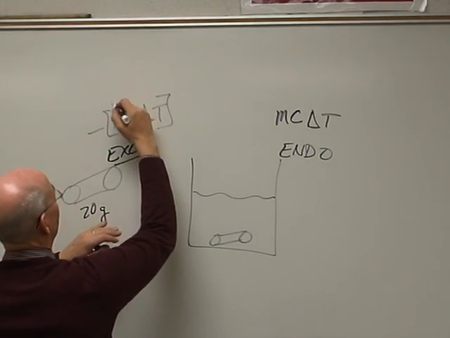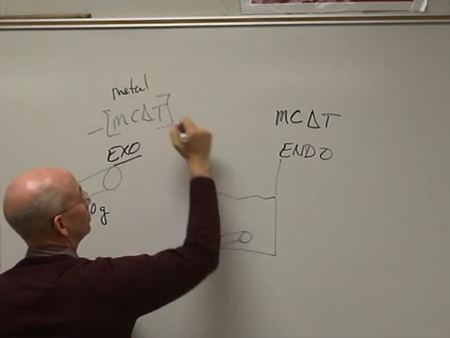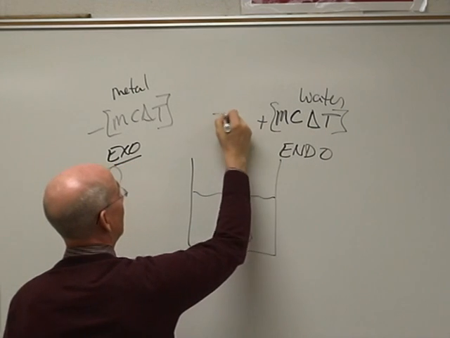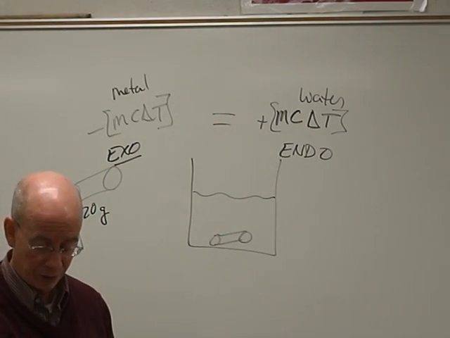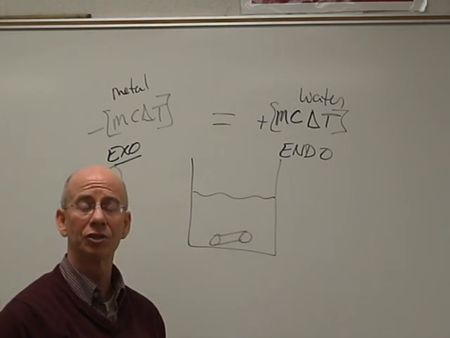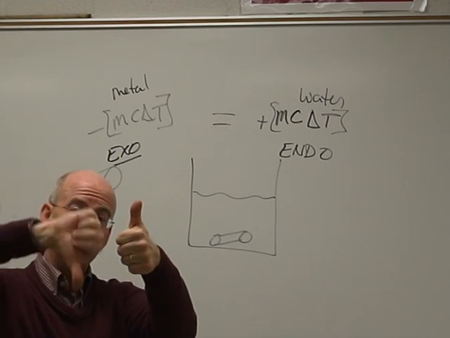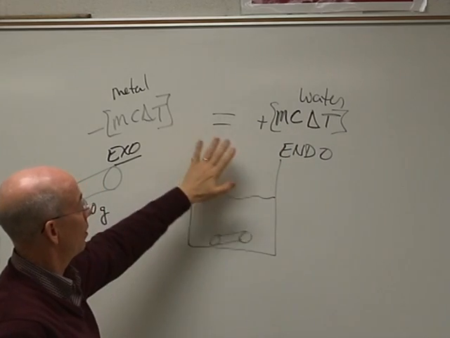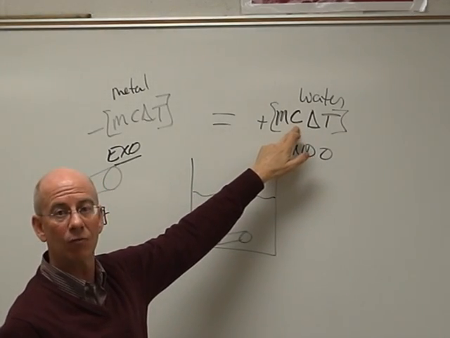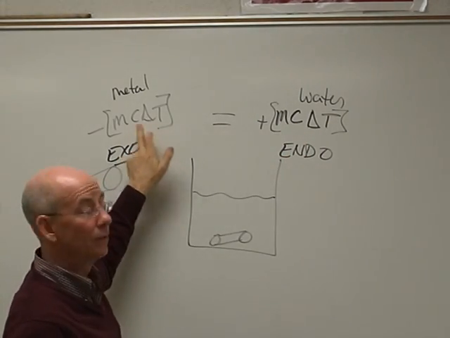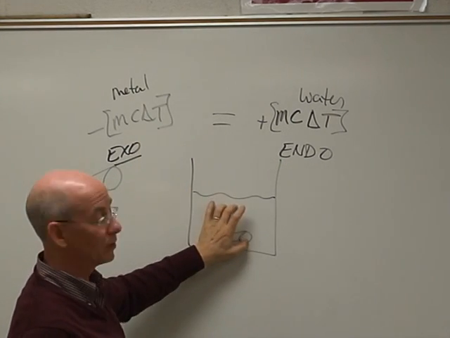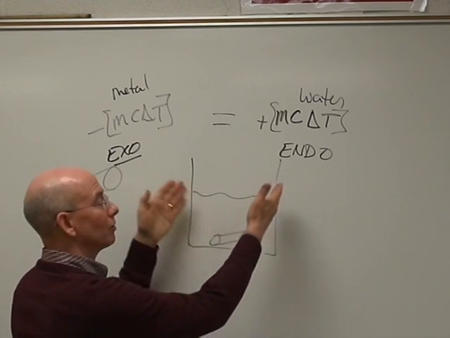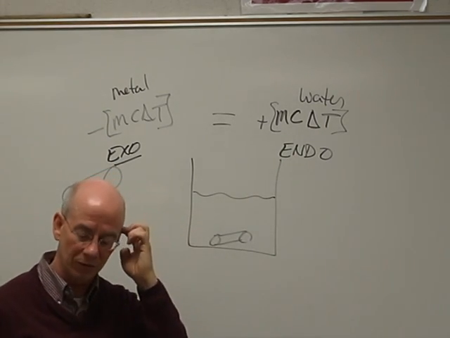This is all for the metal, and this is all for water. This would be positive. And I can set those two equal because we know from the law of conservation of matter and energy that the exothermic reaction is going to equal the endothermic reaction. And then I could move these figures around. I can solve for the specific heat of water or the specific heat of the metal. If I don't know the temperature of the final system, I could calculate that. Or I could start with the temperature, and you can move it around to form different calculations.